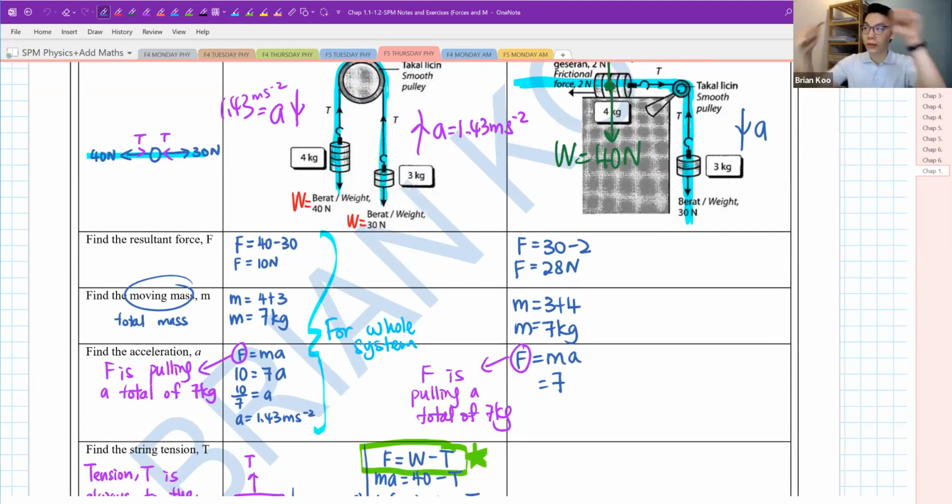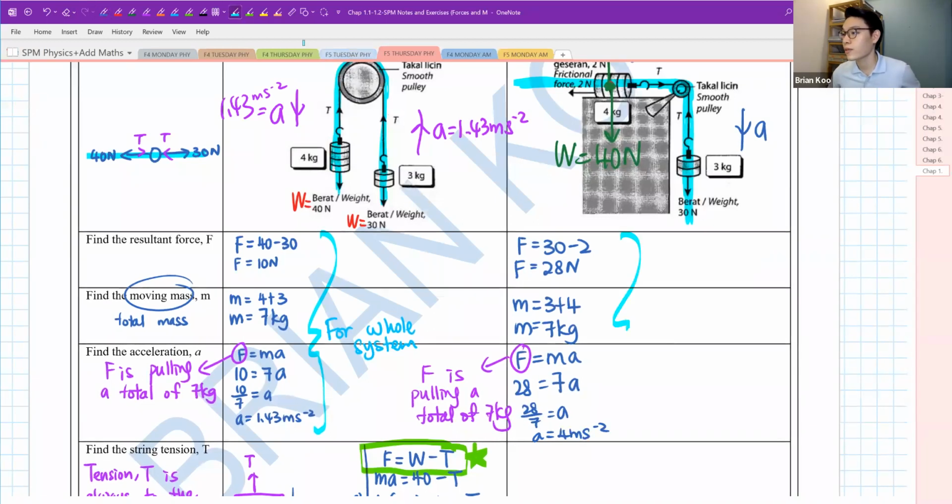It is pulling the total 7 kg. Again, this is for the whole blue color system.